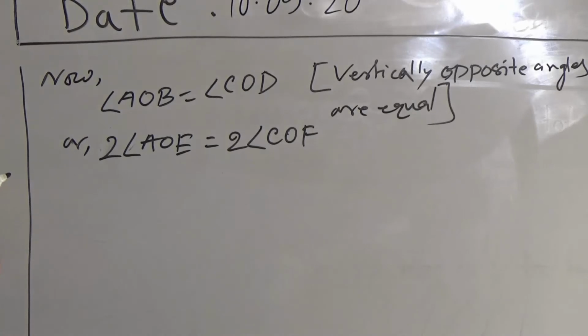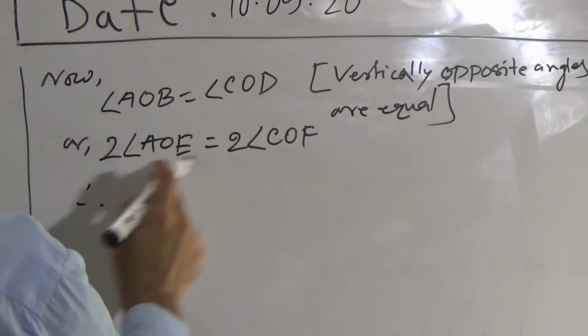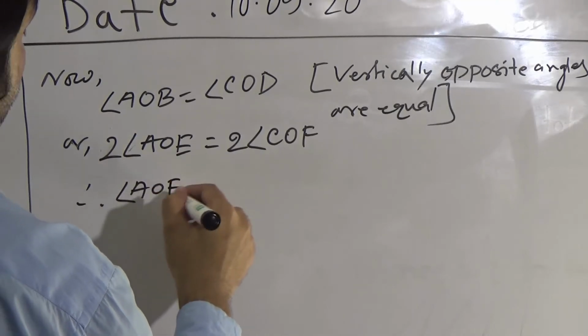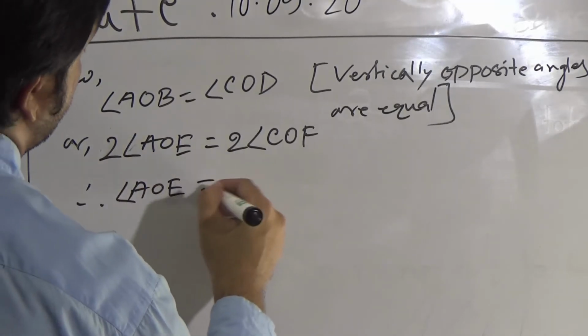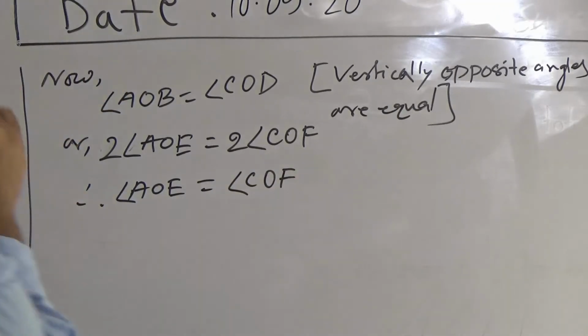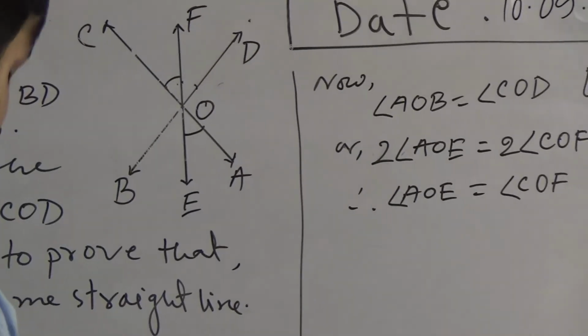It means we can cancel the 2 from both sides. If we divide both sides by 2, we will get angle AOE equal to angle COF. It means that these two angles are equal. AOE is equal to COF.